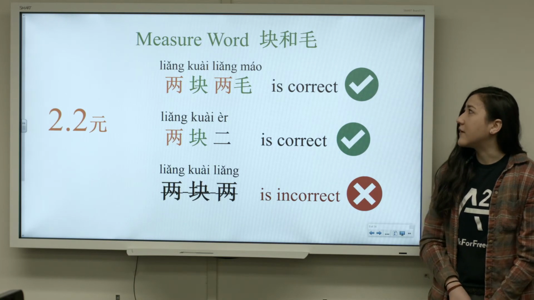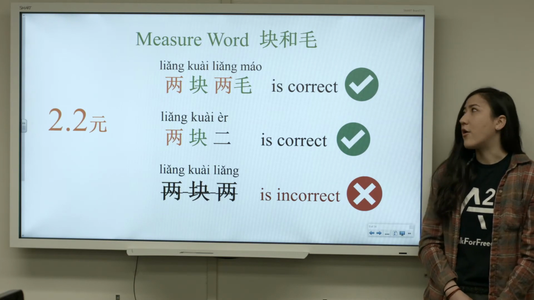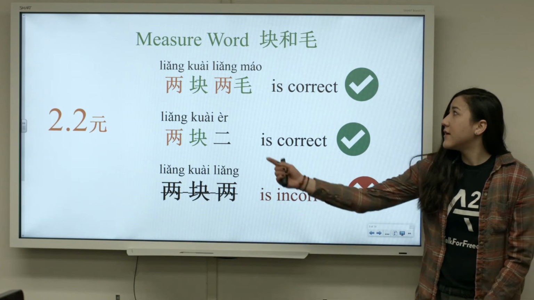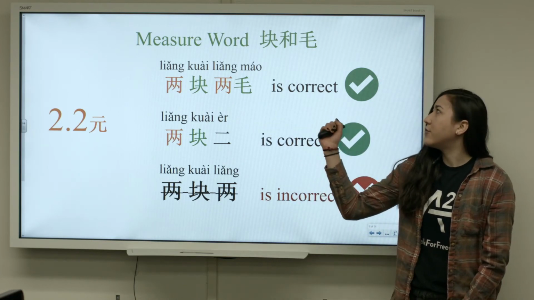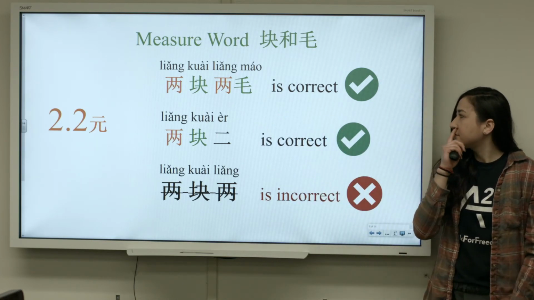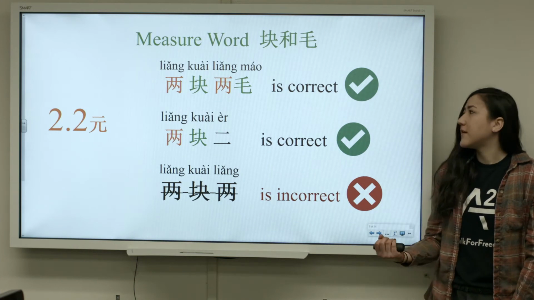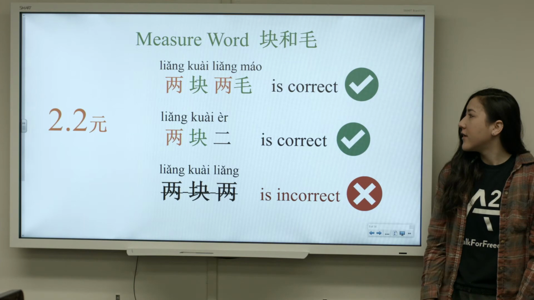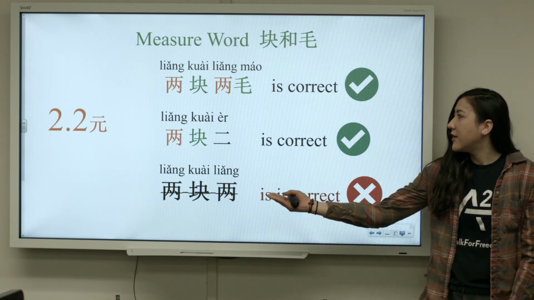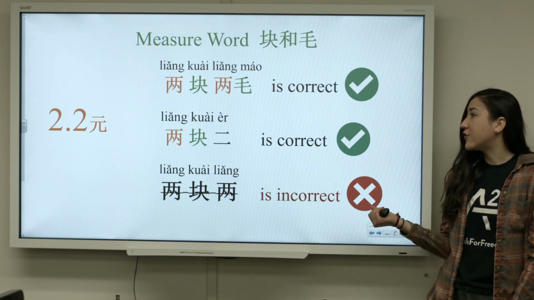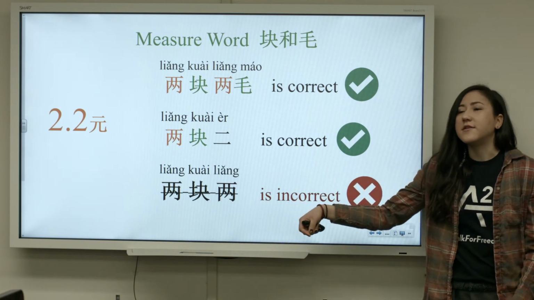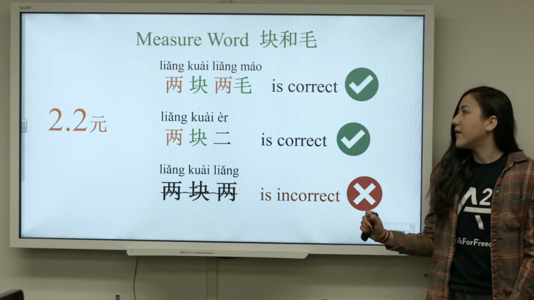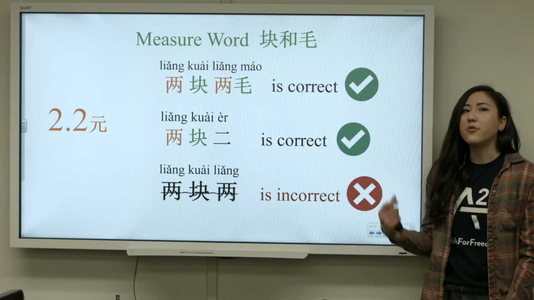So this first example, 2块2毛, is correct because liang, the number, is followed by mao. In the second example, we have 2块2, and this is also correct. Third example down here, 2块2. This is incorrect because liang, it's 2 of something, so it's lacking the mao or the measure word.